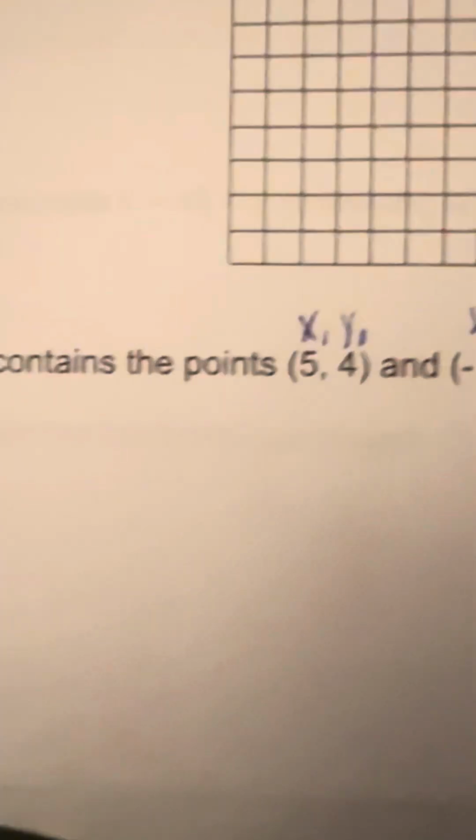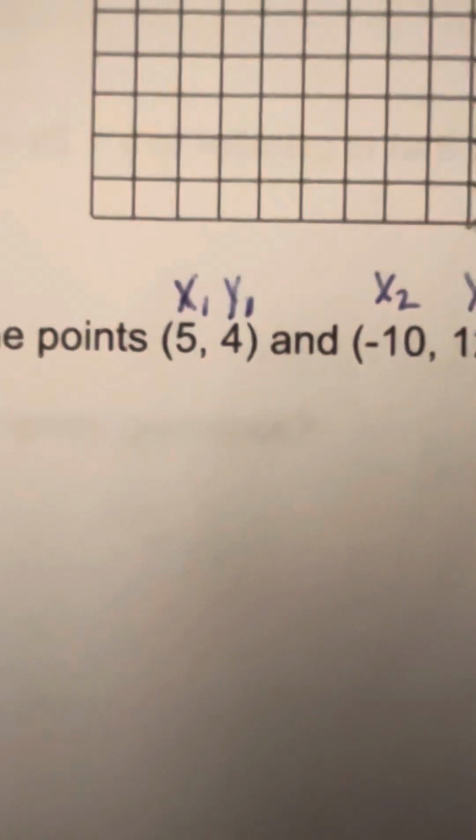So the y2 is 12 minus, it's always minus, our y1, which is 4, and then we're going to put that over x2, which I said was negative 10, and it's always minus again, x1, which is 5.